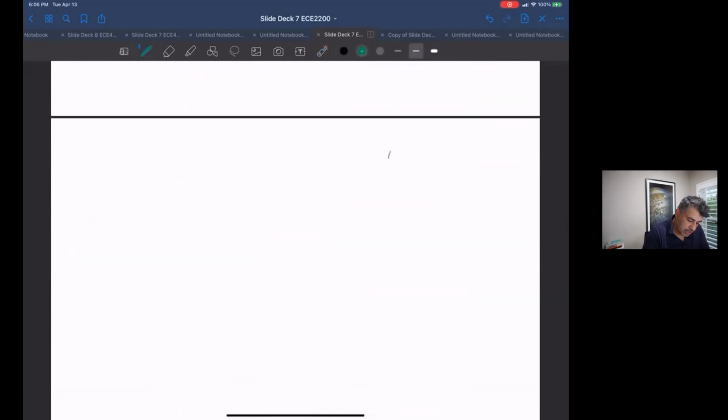So we have this I sub C is I sub S exponential of VBE of Q1 over VT. Okay, and that's going to look like our familiar expression.